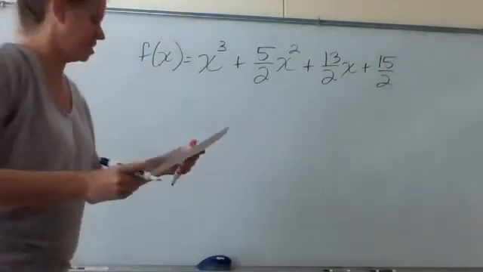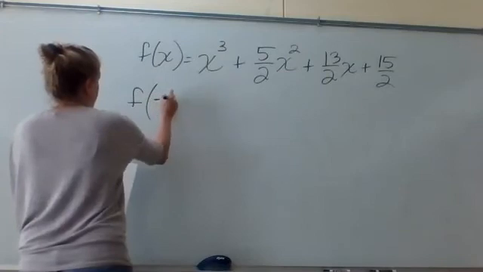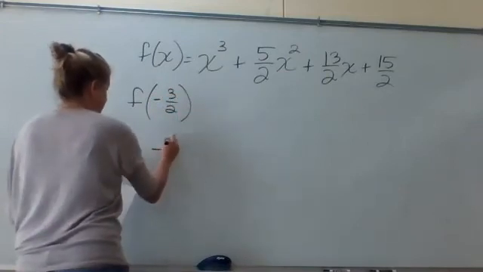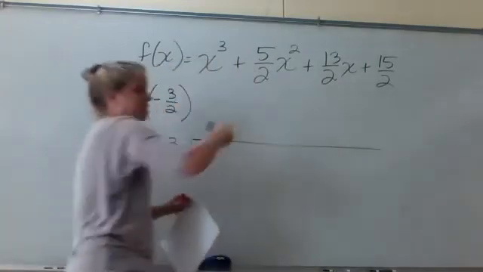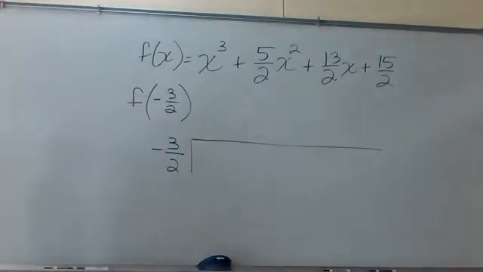And it wants to know, is negative 3 halves a 0? So negative 3 halves. In other words, does negative 3 halves go into this function evenly and come out with a 0 function value?